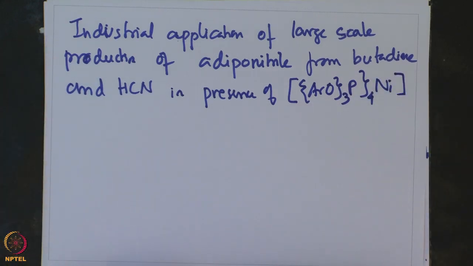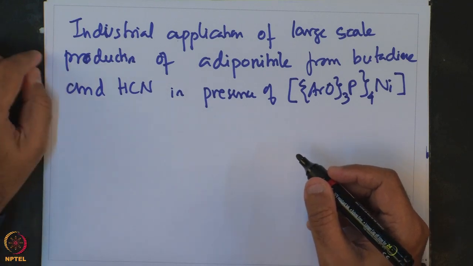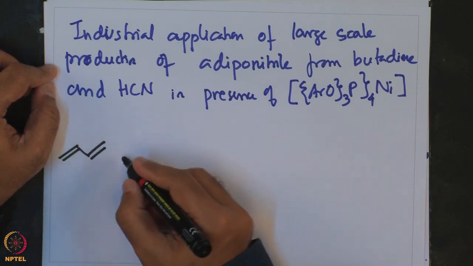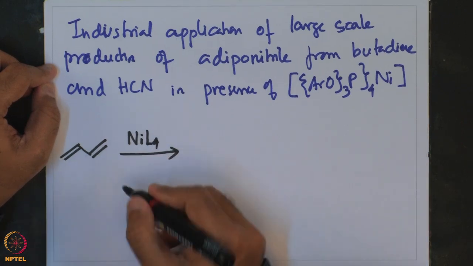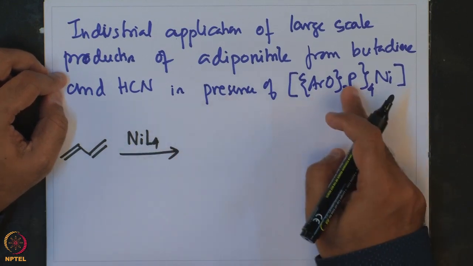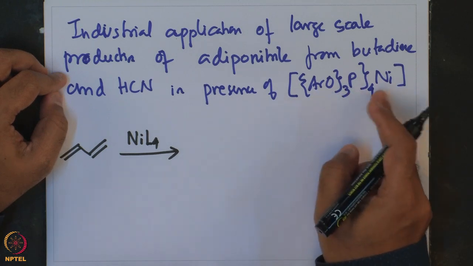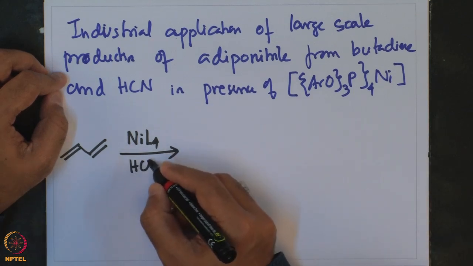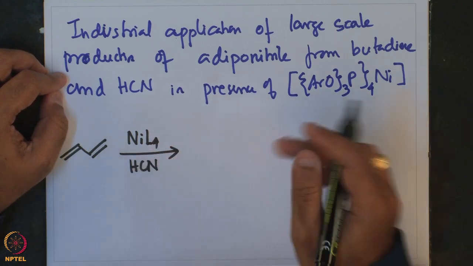The reaction, this beautiful example, is given by the sequence of reactions shown here. NiL4 plus butadiene, and this NiL4 is the catalyst, a tetrakis(triaryloxyphosphine) nickel, in the presence of HCN undergoes the first hydrocyanation.